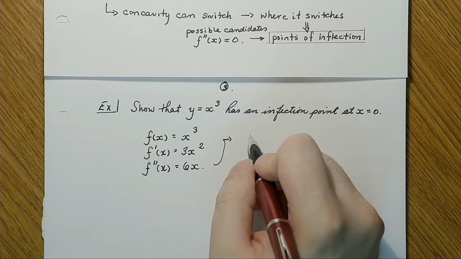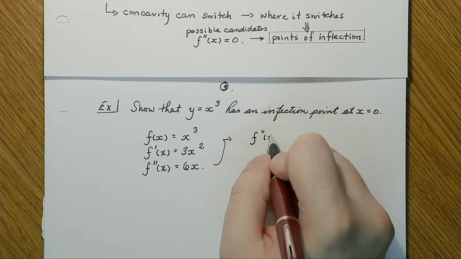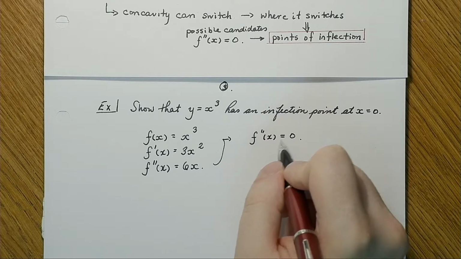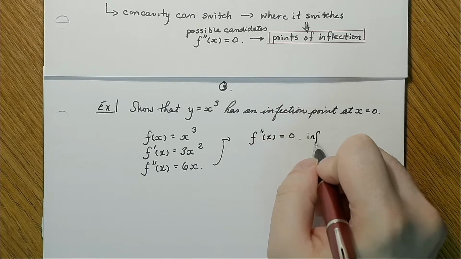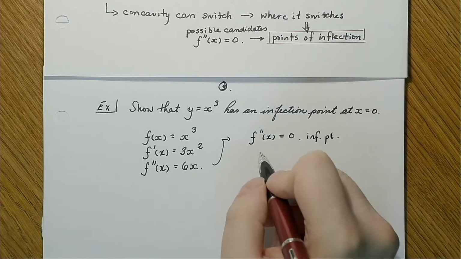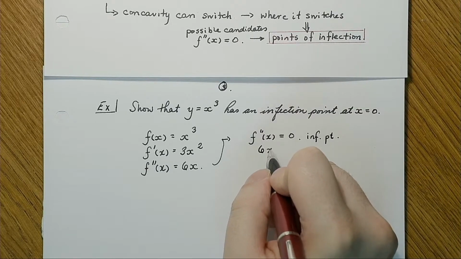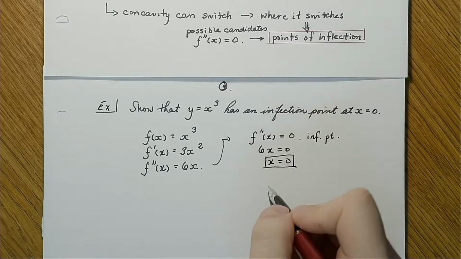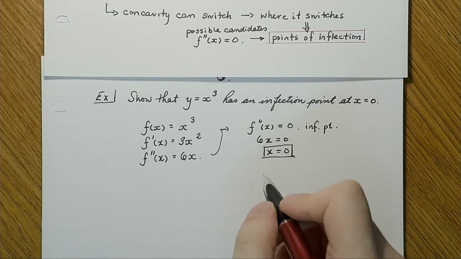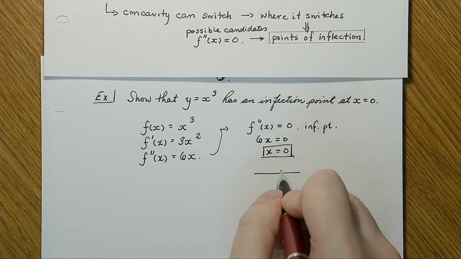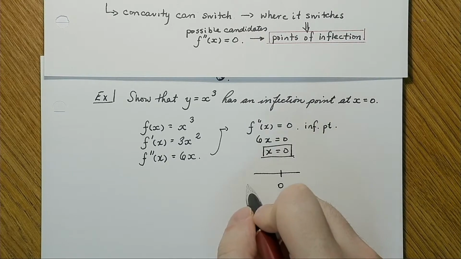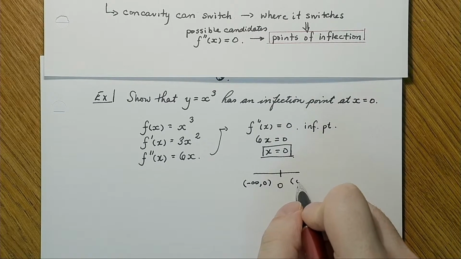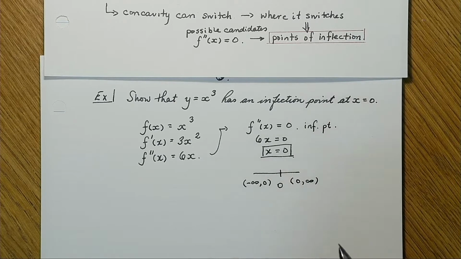So it could be at x equals 0. So I'll put in 6x equals 0, x equals 0. So yes, it is possible that we have an inflection point there, but I need to check the concavity around it.